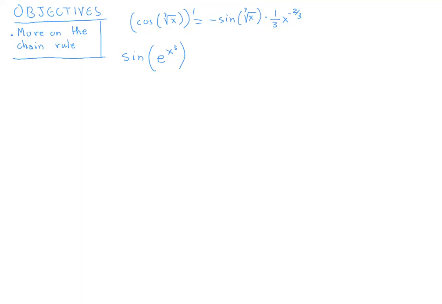The first choice is to just take x cubed. Okay, so that could be the inner function. The other choice is to actually take the whole e to the x cubed as the inner function. And in general, you will see that our strategy will be to take the largest possible as the inner function.